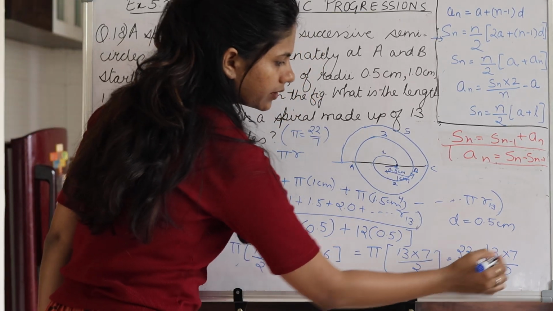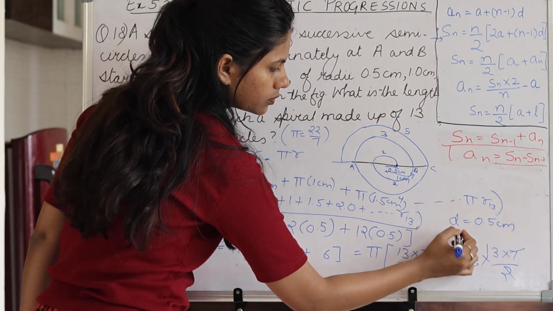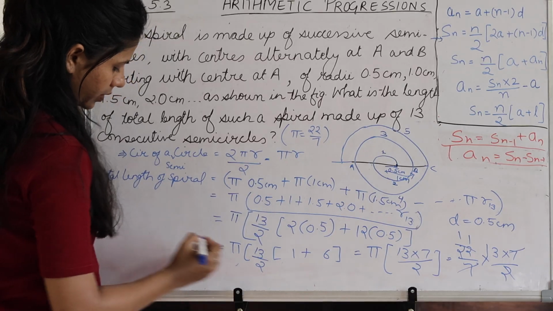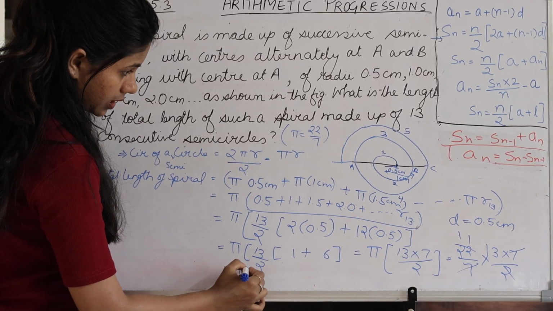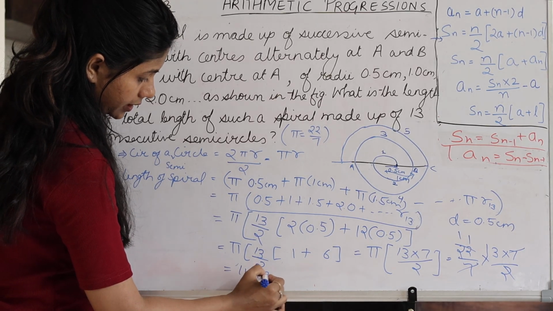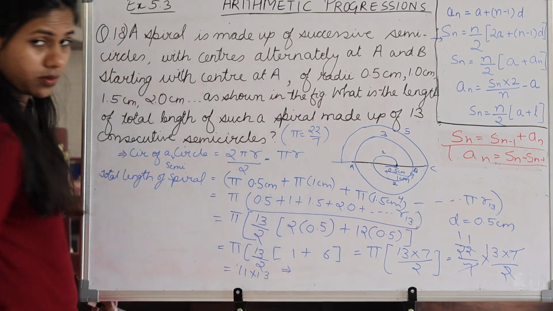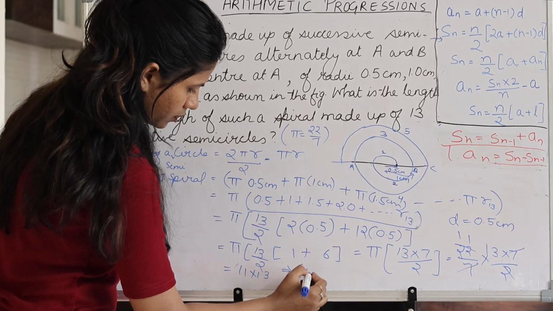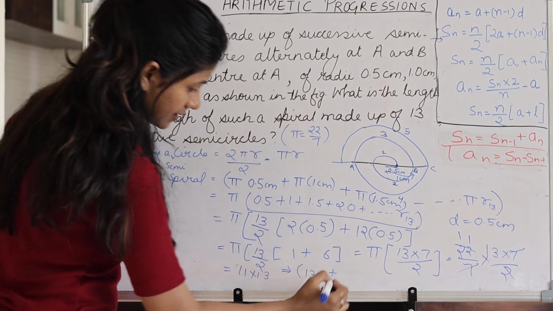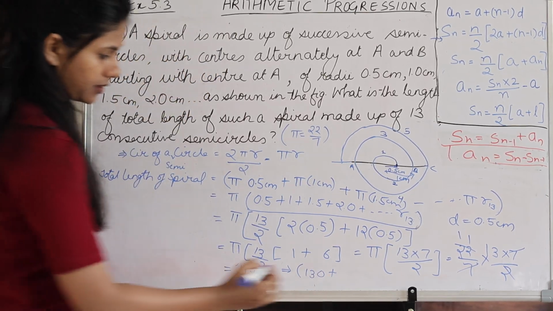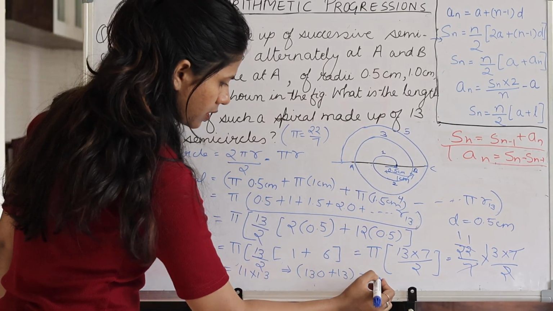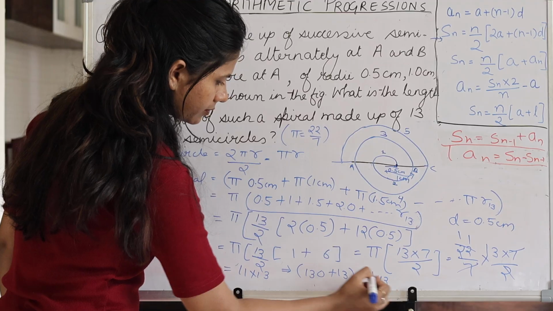So the total value will be 11 into 13. I always break it as 130 plus 13, which will be 143.